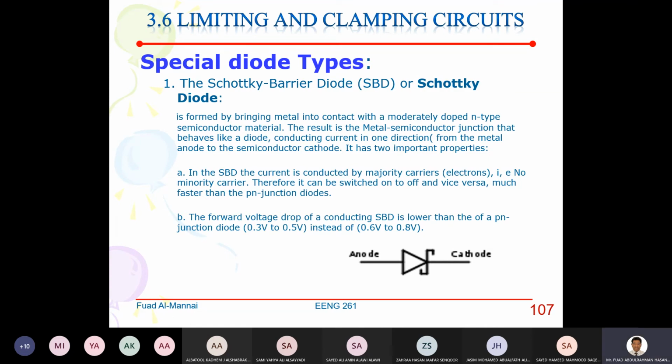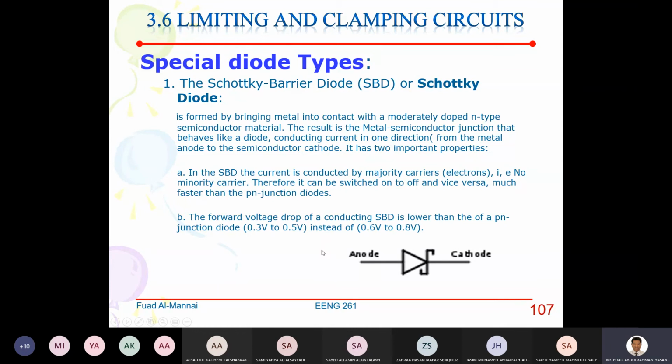And by doing this, the majority carriers are electrons. And because there are no minority carriers, the Schottky diode is really fast, very, very fast compared to the normal diode. That's why if you have a fast circuit, use a Schottky diode instead of the PN diode.